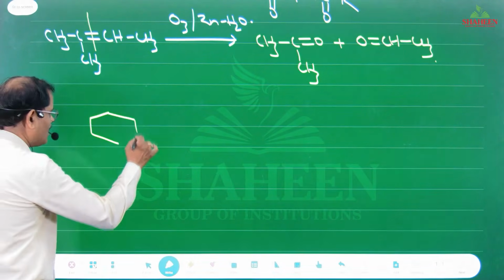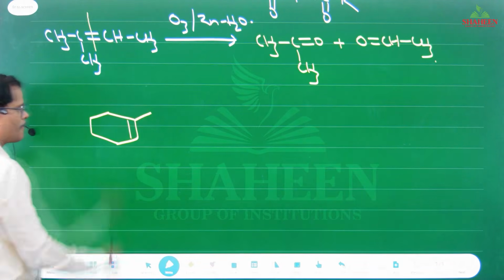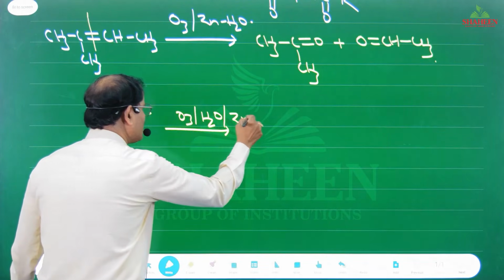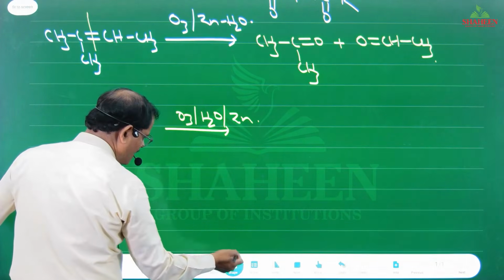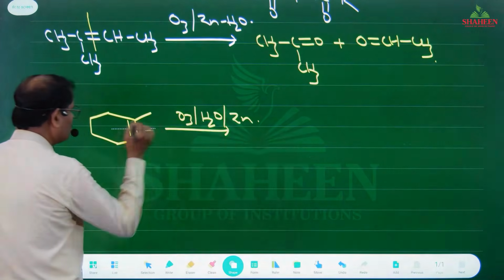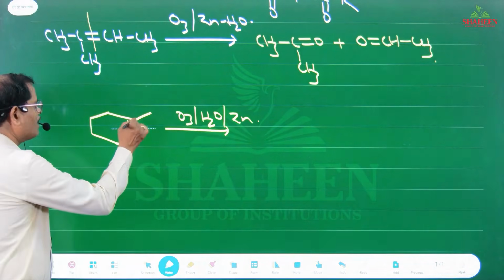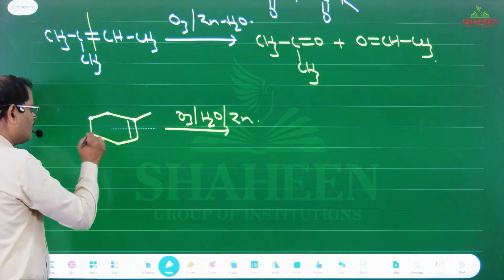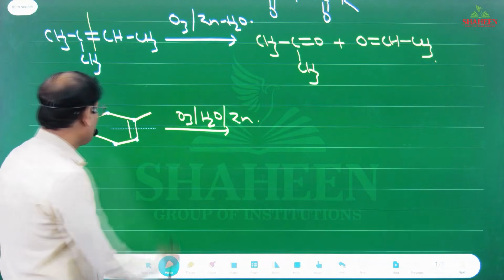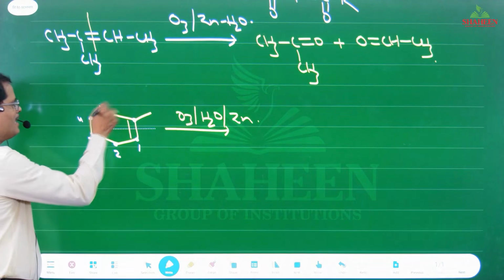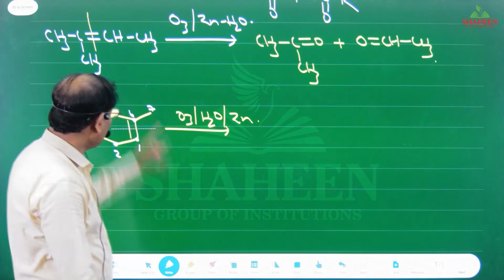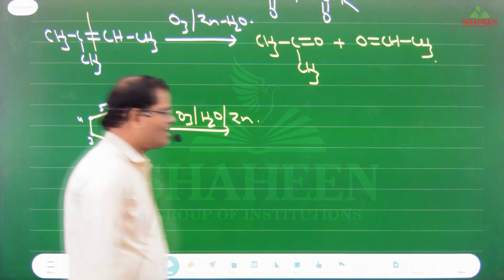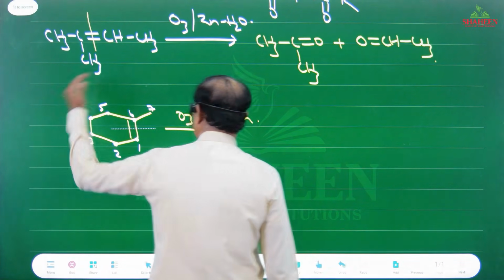And if the alkene given is like this, with ozonolysis and H2O in the presence of zinc, here also we need to break the carbon-carbon double bond. Counting 1, 2, 3, 4, 5, 6, 7, the carbonyl compound we are getting contains 7 carbon atoms.